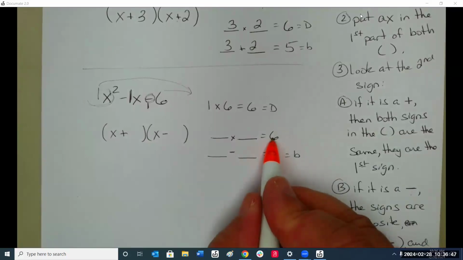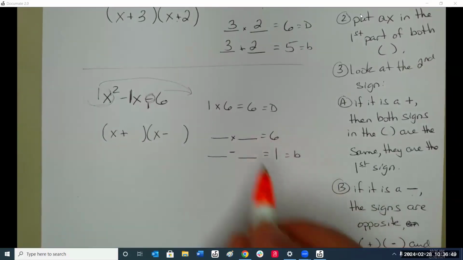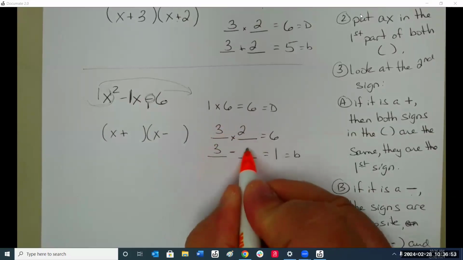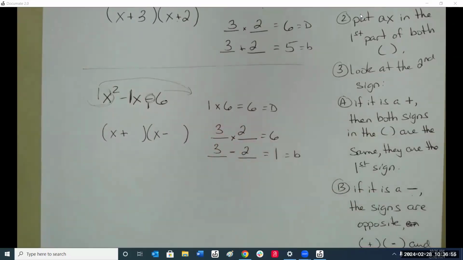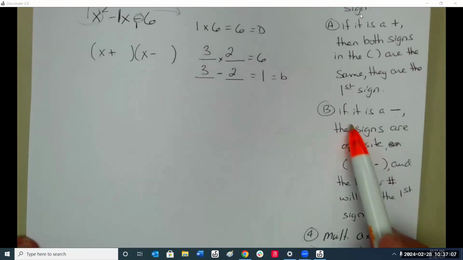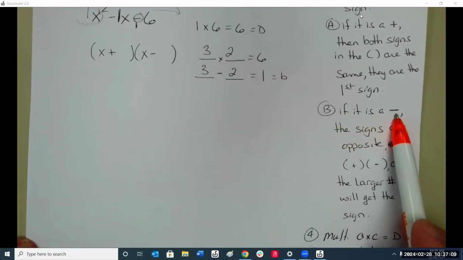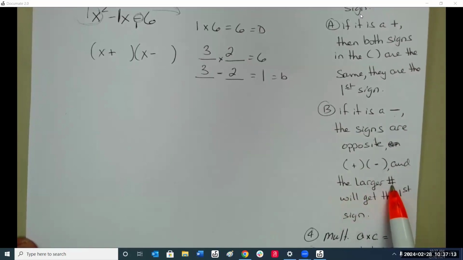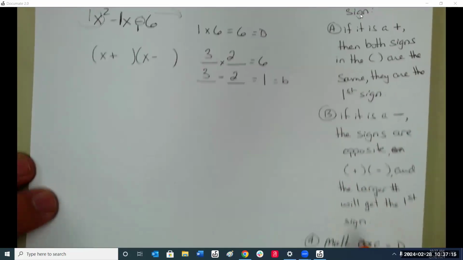So what times what equals 6? When you subtract them, you get 1. 3 times 2, 3 minus 2. But let's look at this rule again here. It says if the second sign's a minus, opposite signs, and the larger number gets the first sign.